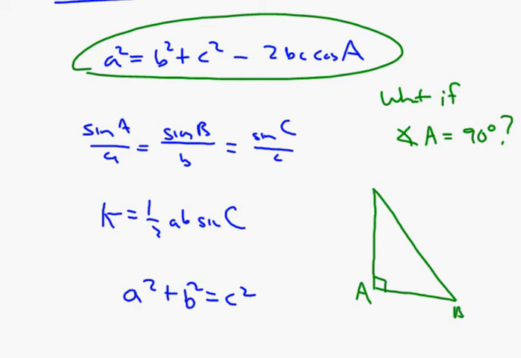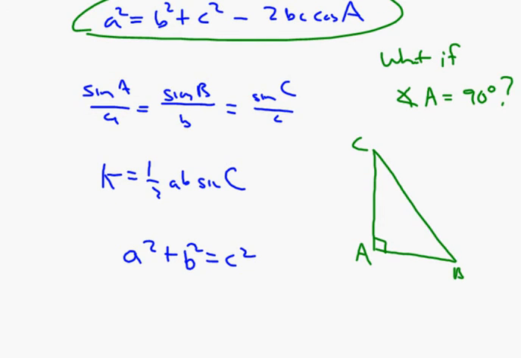Here's B and C. I would start subbing into the law of cosines, right? So what would it tell us? It would say that a squared equals b squared plus c squared. Here's little c, here's little b, minus 2bc cosine 90 degrees.